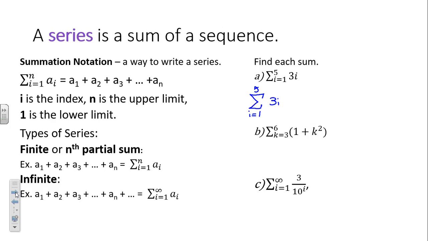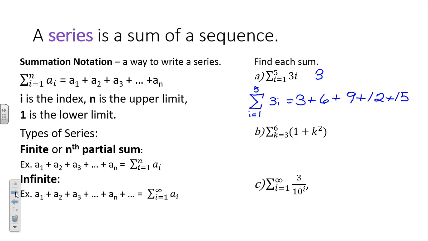So we are going to add up how many numbers? 5. What will the first number be? 3 times 1. If I plug 1 in for every i I see, the first number is 3. The second one is 6. The third one, and then the fourth one, and the fifth one.